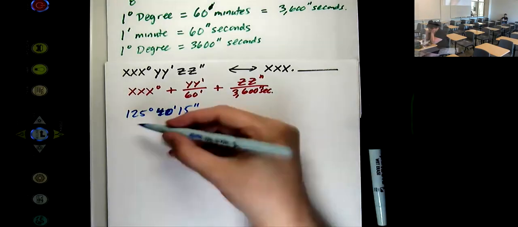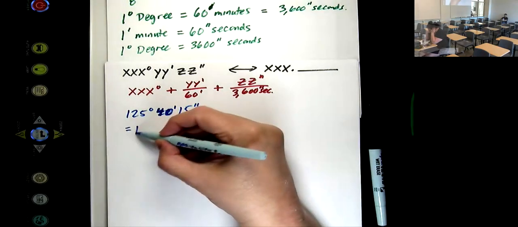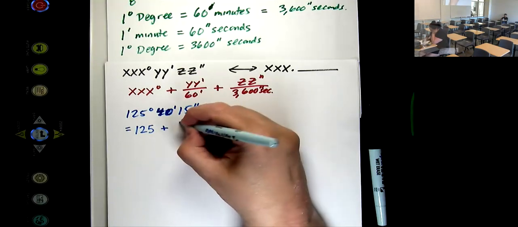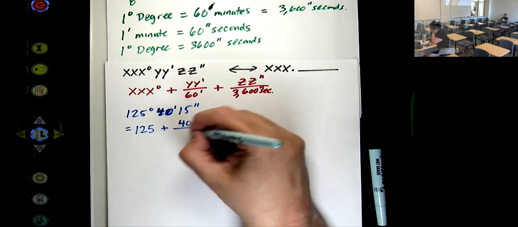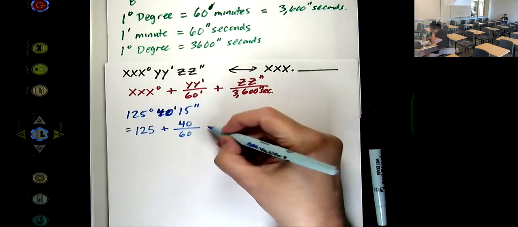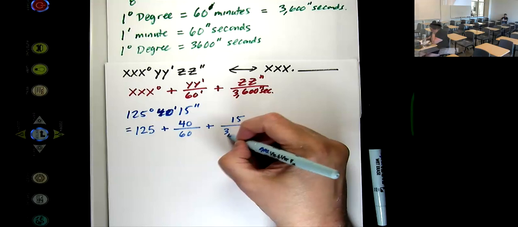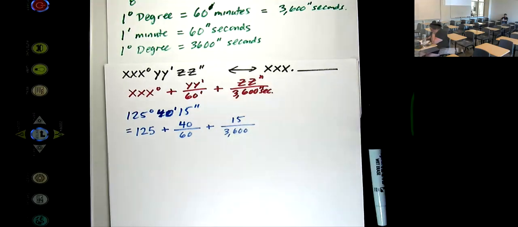If I want to write this as a decimal, I can do this as 125 plus 40 divided by 60 plus 15 divided by 3,600. Just throw it all in a calculator, do it all at once.